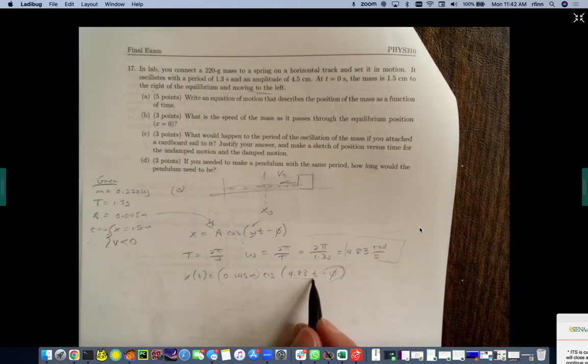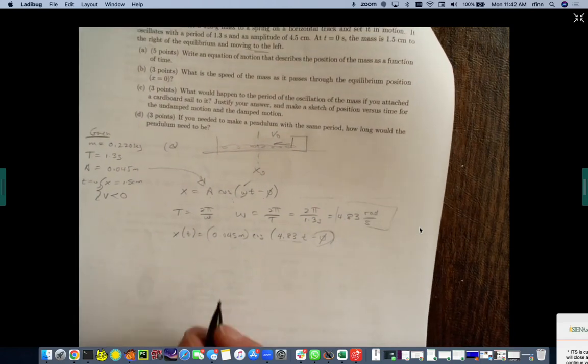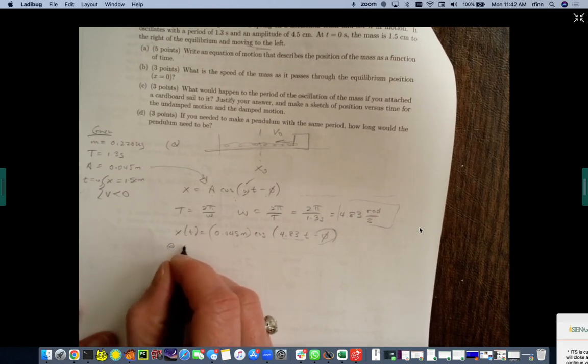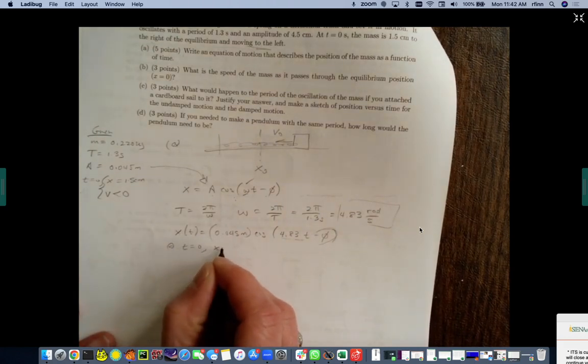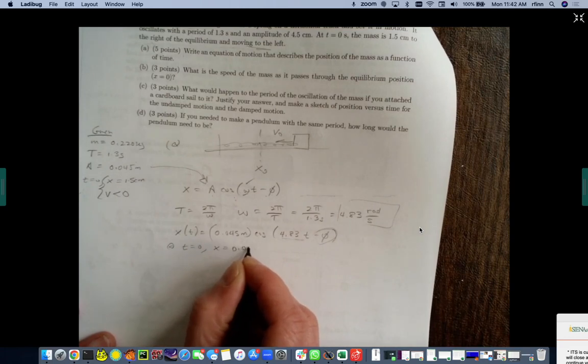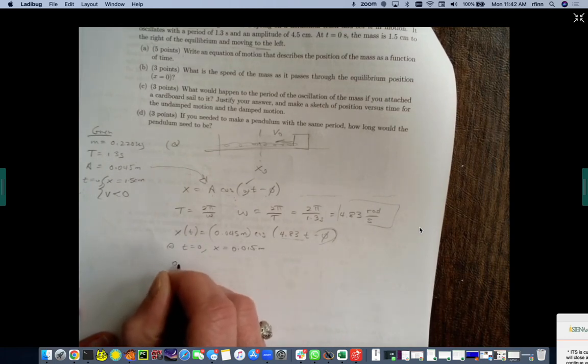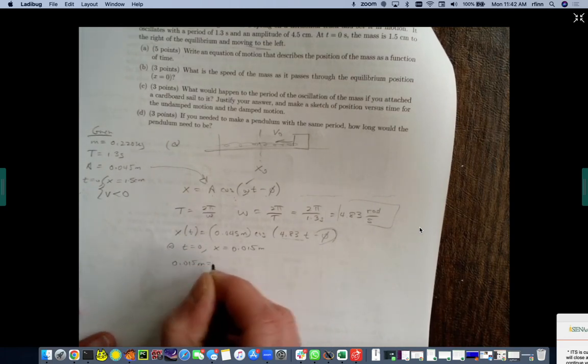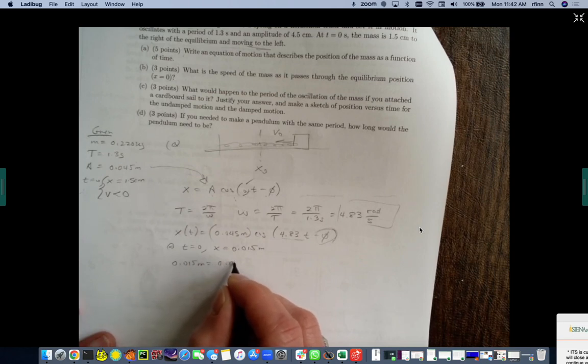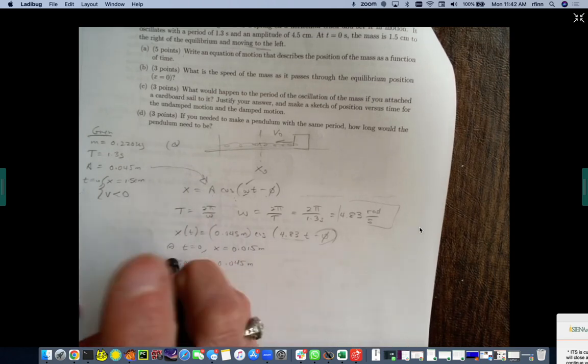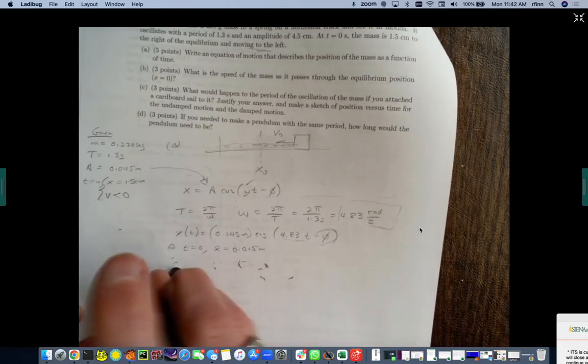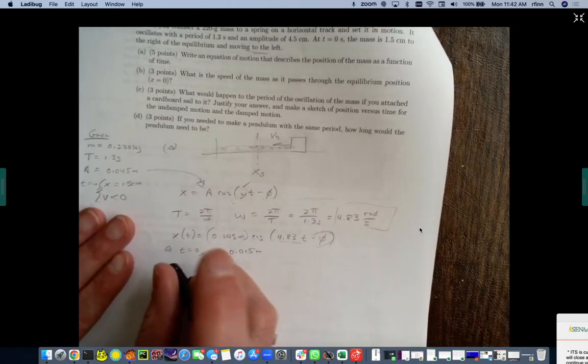Okay, so now we use our initial conditions to solve for what phi is, because if we put in t equals 0, this term drops out, right? So we know at t equals 0, x equals 0.015 meters. So let's just solve that generally first, because I hate carrying all those numbers around.